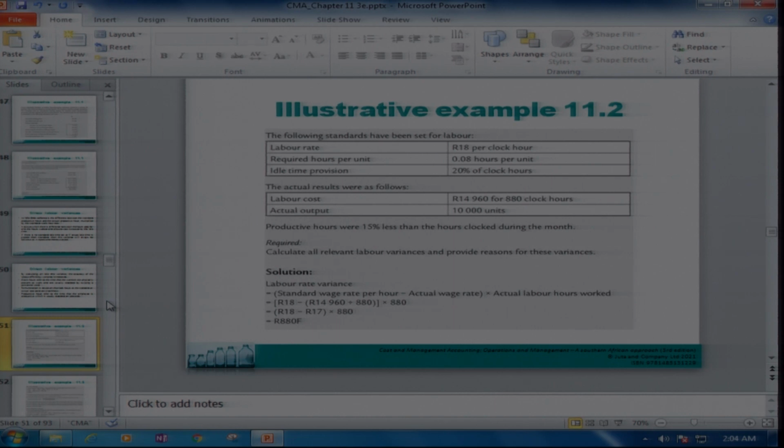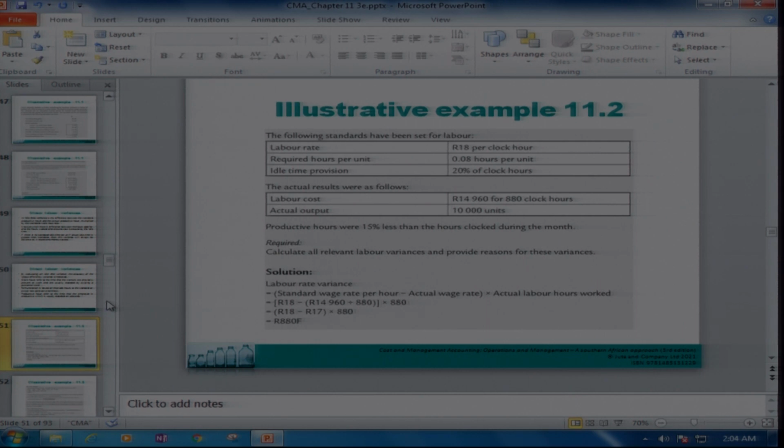So for the labor rate, remember the formula will be the standard rate minus the actual rate multiplied by the actual hours worked. The standard rate, again, remember we get it from the budgeted information. So from the information, we know that we budgeted to pay 18 rand per hour that the employees are at work. So that is where the 18 rand is coming from.